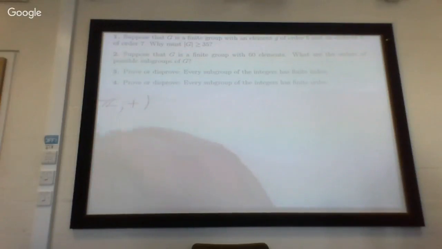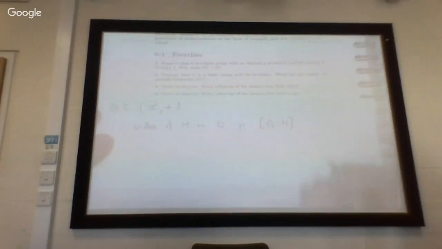Remember, the index of H in G is the number of cosets of H in G. I don't have to specify left or right because there's always the same number, because you can set up a bijection from the set of left cosets to the set of right cosets.